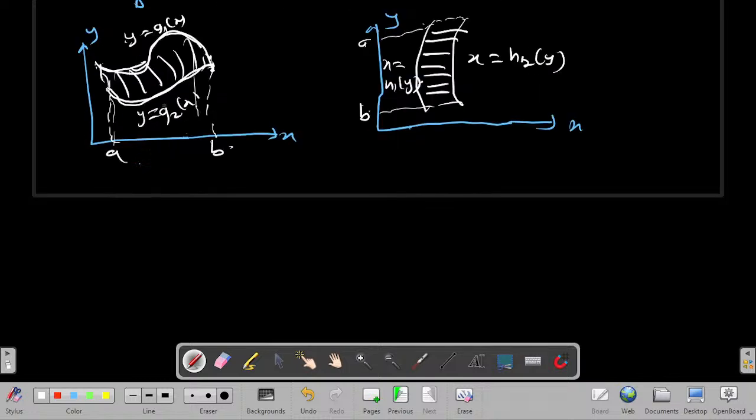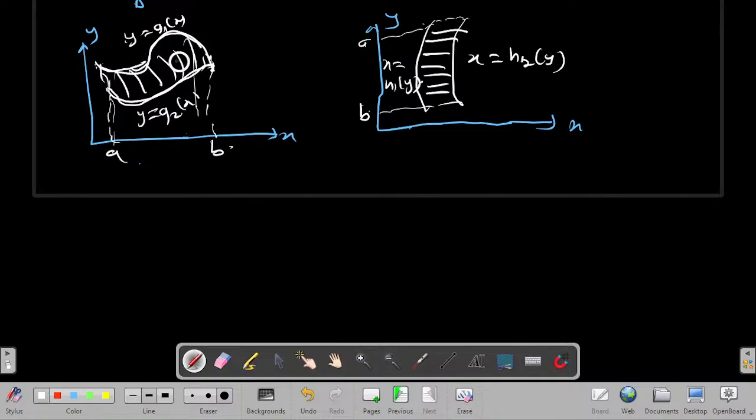For our first scenario, you can see that the curves are in the form y is equal to an equation. This is trying to tell us that our function here is in the sense of y.